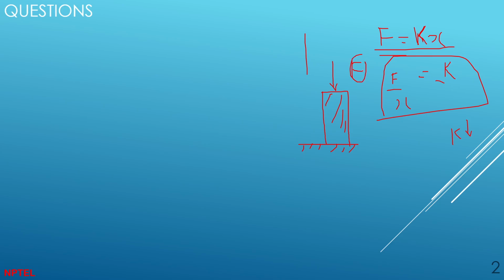Due to this stiffness, the x will change. If you apply a force like 100 kg force, and the force remains constant, the same 100 kg force on a metal and on a wooden material, the wooden material will break first, because it has very little stiffness.